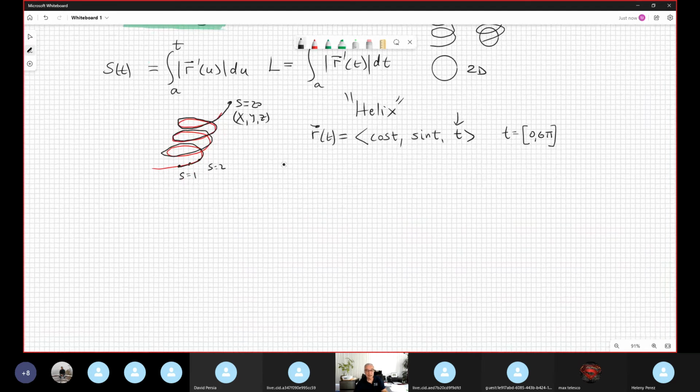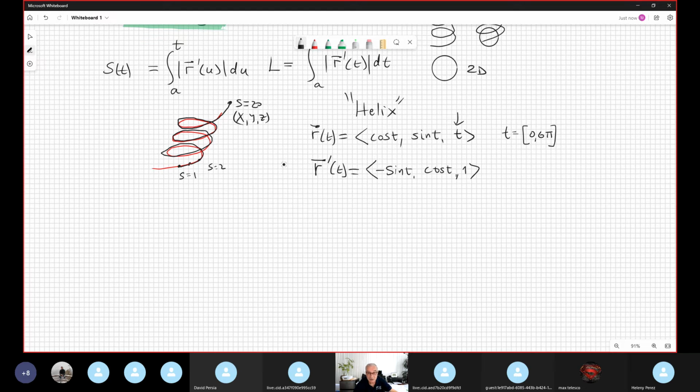Okay, then I compute the velocity, which is the derivative of this. The derivative of cosine is minus sine, and the derivative of sine is cosine. And the derivative of t with respect to t is 1.